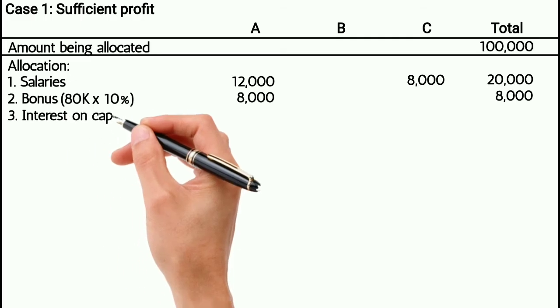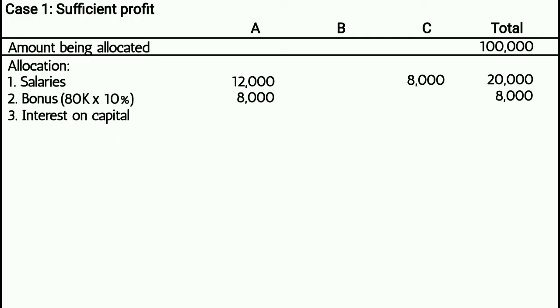Next, interest on capital. There is a 10% interest on the capital contributions of each partner. At ang capital contribution ni A ay 100,000 pesos. Ang capital contribution ni B ay 60,000 pesos.